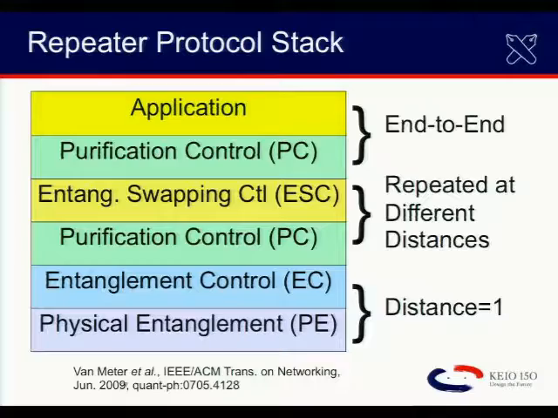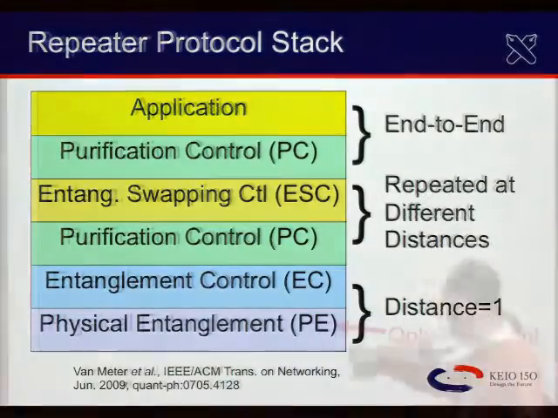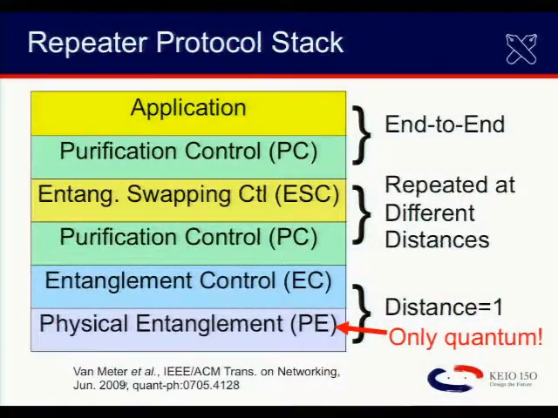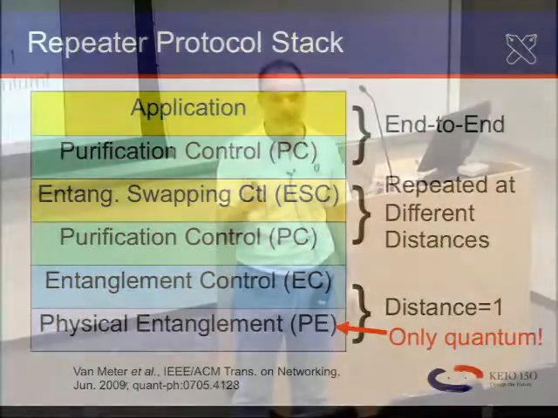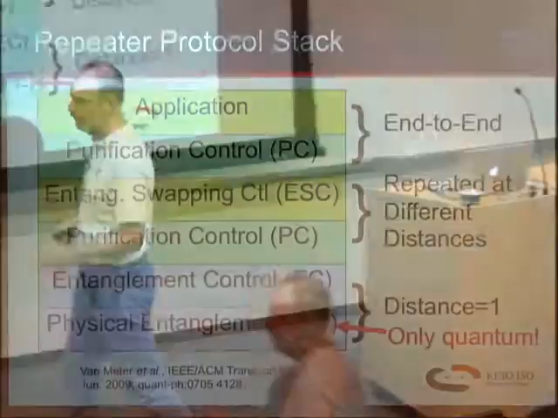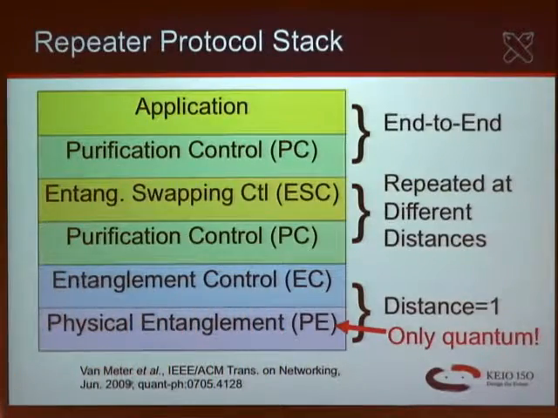Out of this entire stack, the only part that's quantum is this layer here at the bottom. Everything else is classical messages, which means that everything else is messaging and distributed computation, the kinds of things that the people in this room are experts in, rather than the experimental physicists who are trying to actually implement some of this stuff. So that's sort of where the division of work would be in terms of a community.